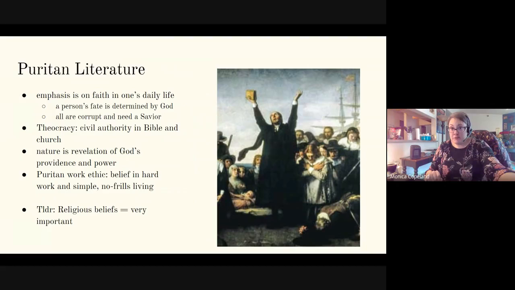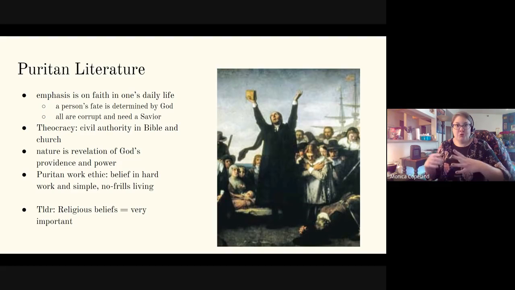So they were a theocracy. That means a civil authority, basically the government is based in the church. I'll simplify it. They also believed that, unlike the Native Americans who believe that nature is our mother and gives us balance, nature was an example of God's power.